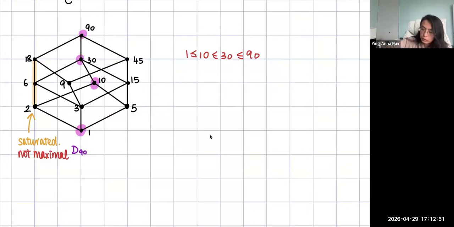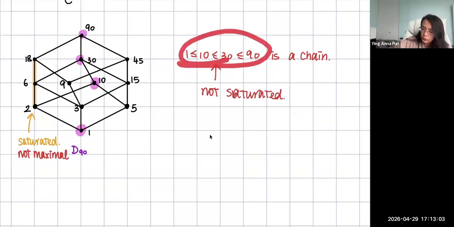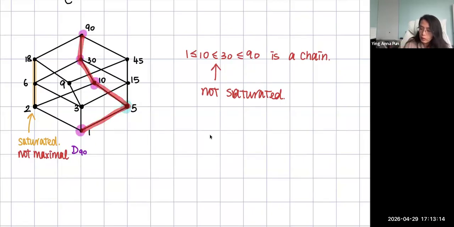So this is a chain. However, it's not saturated, because you can find another element outside these four numbers, namely 5, and make another chain. So this is not saturated because you can make it longer by inserting another number.